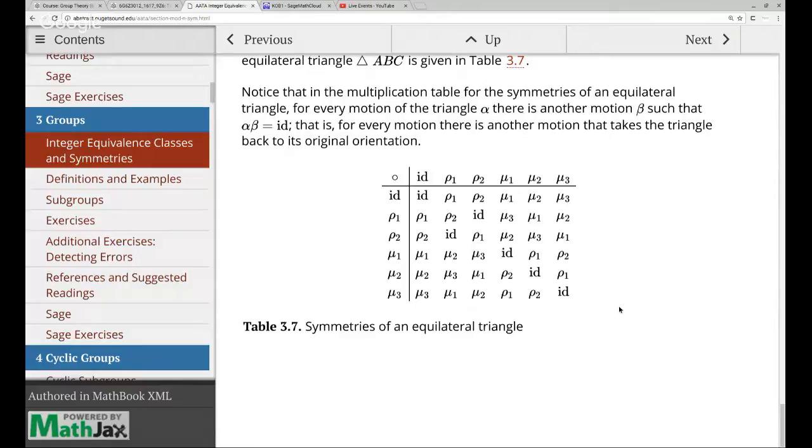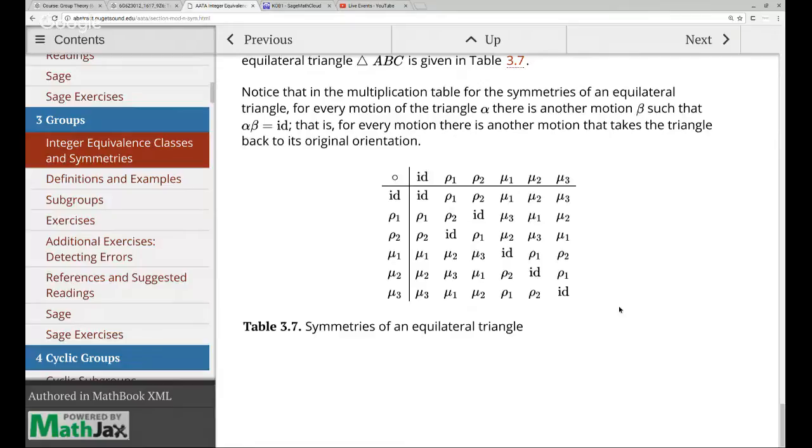So that's why S after S is always an R. Similarly, an S after R always gives you an S. Remember this is on the right, so if you take your left hand, first rotate it a little bit, it's still a left hand. Then you perform the reflection, it's changed to a right hand. So the overall transformation must have been a reflection in order to change the left-handed thing into a right-handed thing.